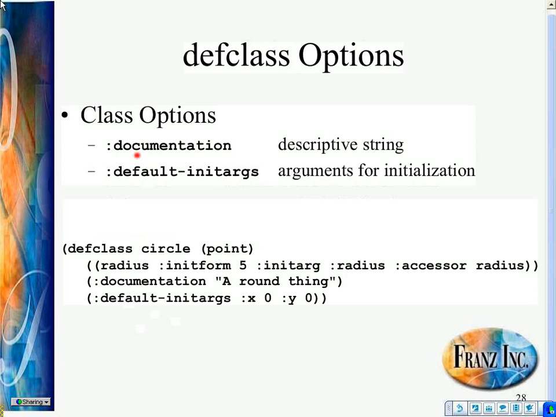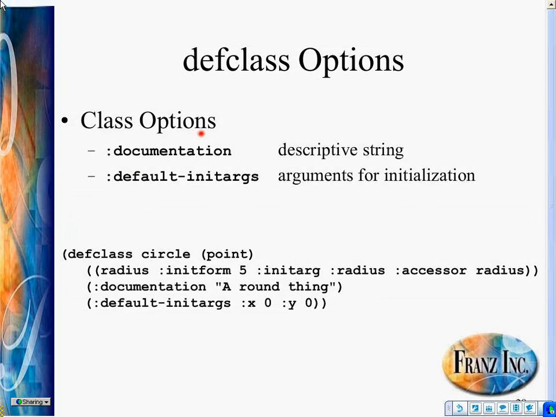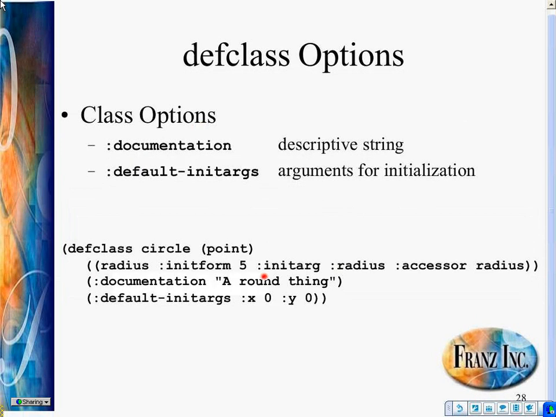Now, defclass itself has some additional options which come after the definitions of the slots, and one of them is the documentation, a descriptive string of some kind. The second one is default init args, which are additional arguments that you can specify, but which aren't associated with slots. So let's see. Here we have defining the class circle. It's a subclass of point.